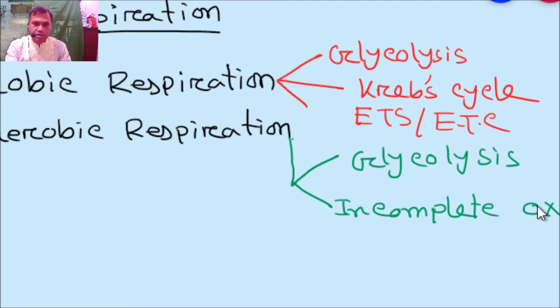In both processes, glycolysis is the first step, and this step occurs in the cytoplasm, but the rest of the two stages of aerobic respiration occur in the mitochondria, and the two steps of anaerobic respiration occur in the cytoplasm. So glycolysis is also known as cytoplasmic respiration.